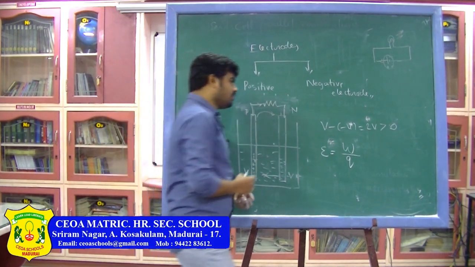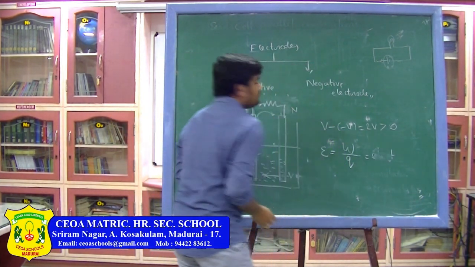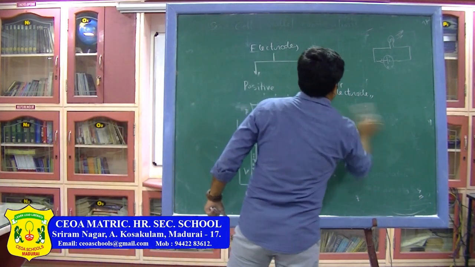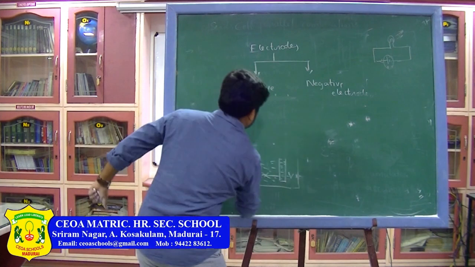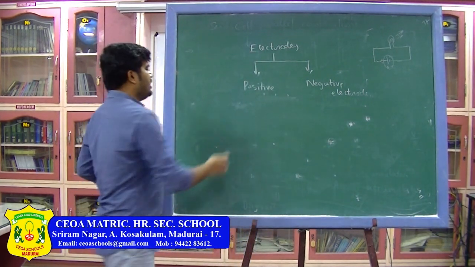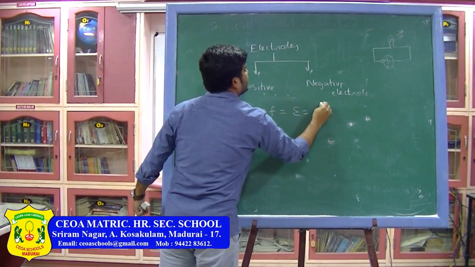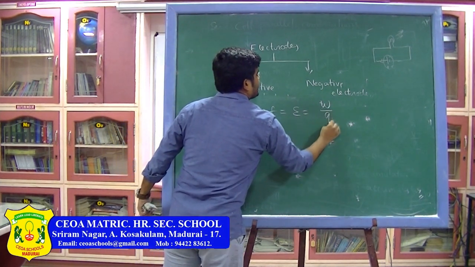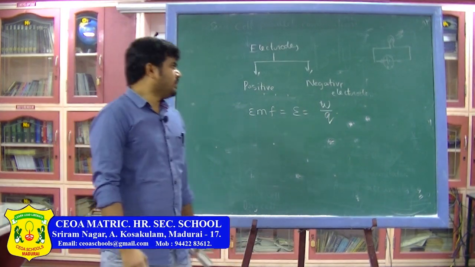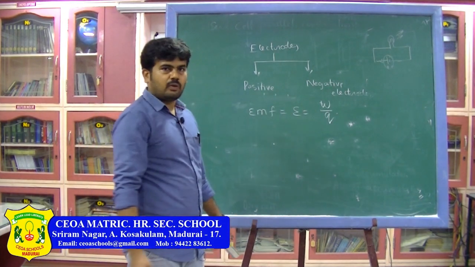So EMF is nothing but electromotive force. Now EMF of the cell is equal to E, that is work done per unit charge by the cell in sending the charge through the circuit, that is W by Q. So now let us define units for this physical quantity EMF.